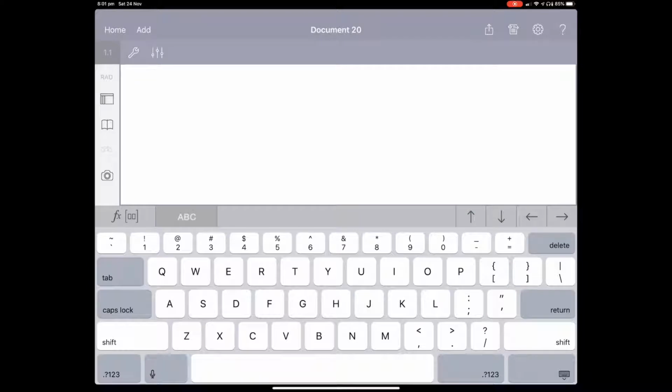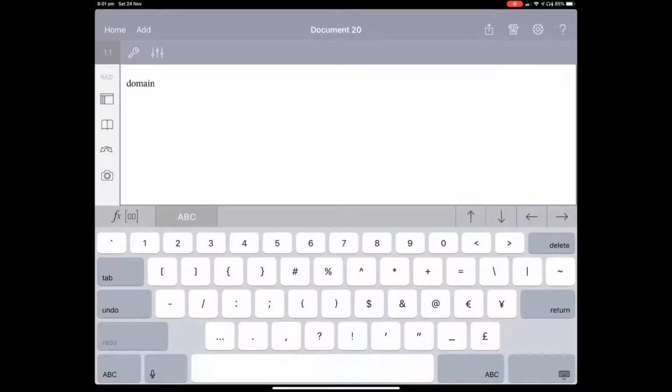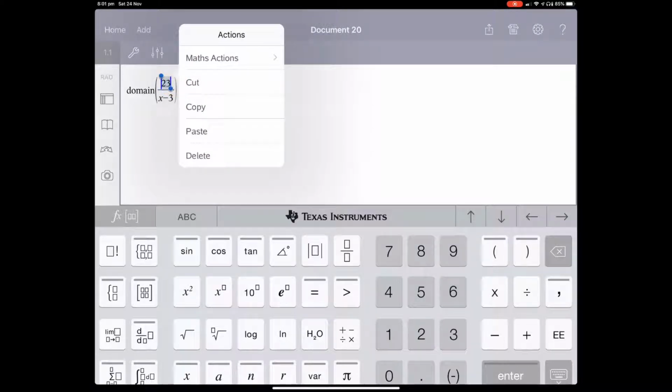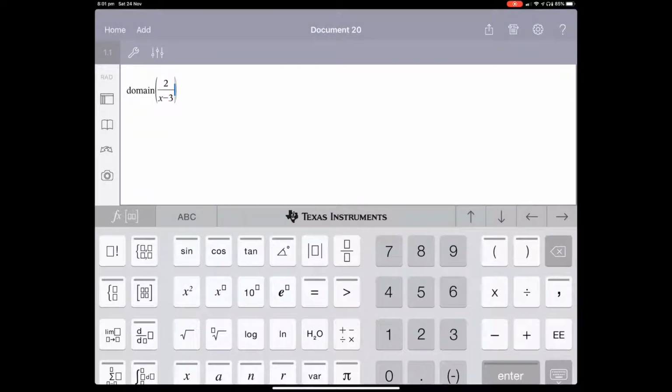We can type it. So we type domain, then bracket, division, 1 over x minus 3. Let's change it to a 2. And then we right arrow and we do comma x. Hit enter. And that tells us that x can't equal 3.